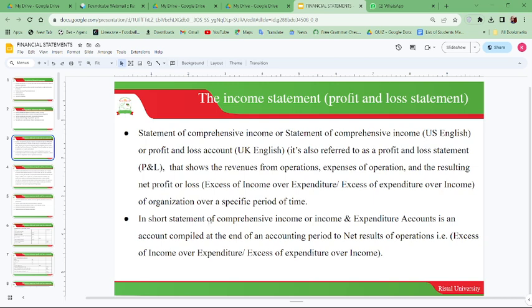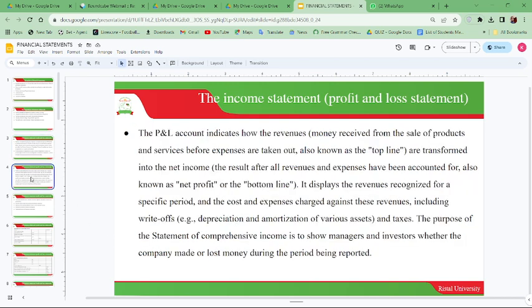In short, the statement of comprehensive income or income and expenditure account is an account compiled at the end of an accounting period to show the net results of operations, the excess of income over expenditure or the excess of expenditure over income. So that is basically the income statement.